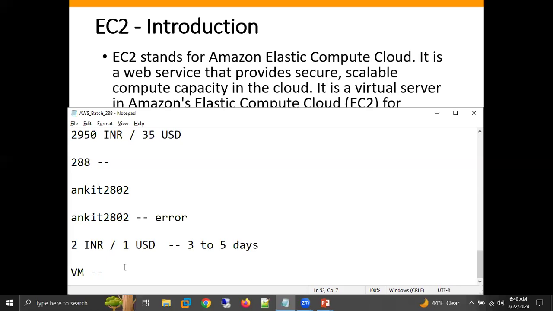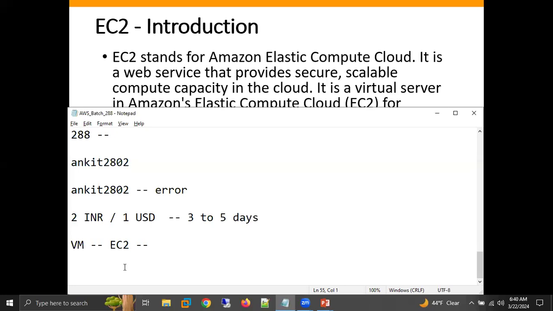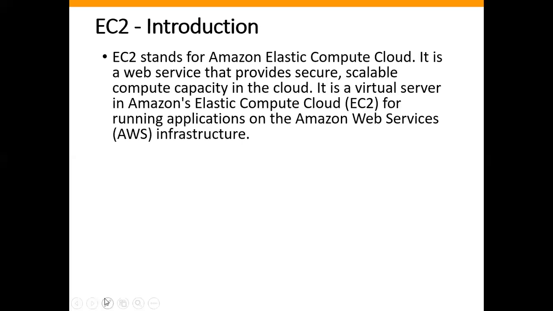In AWS, it is called EC2. Now, what is this EC2 service? EC2 is a virtual server which we create on AWS infrastructure. Now, what is a virtual server? A virtual server is like a computer.